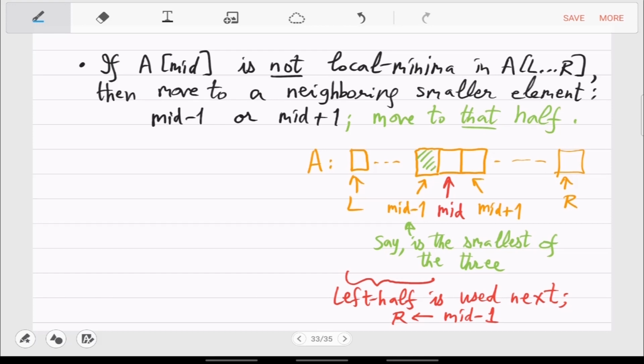Yes. Actually, in this, we will move toward mid minus 1. If mid minus 1 is not, then mid minus 2. So wouldn't it be n by 2? No, no, no. See, we are not moving mid. We are changing L and R. So that is your first observation you have to make: how does L new minus R new compare with the original L and R?